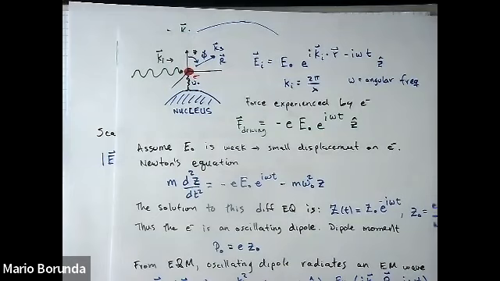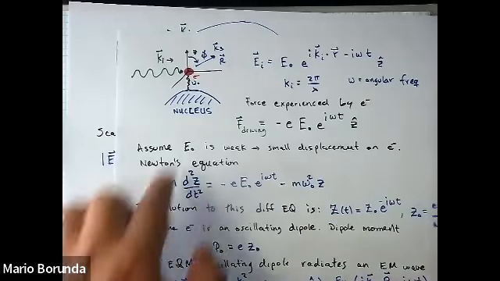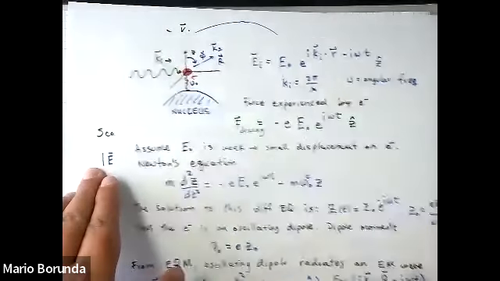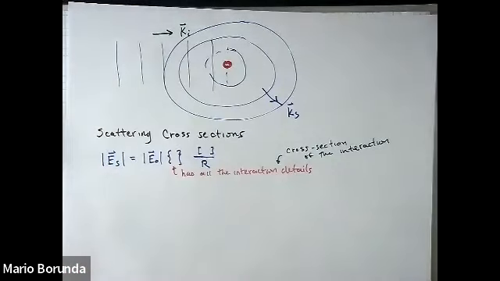But this is kind of like a classical version of it. But in reality, there's an interaction between the nuclei and the electron, and that's given to you by some omega naught. And that means that if you drive the system at omega naught, the same frequency of the spring, but in reality, it's not a spring, right? It's the interaction between the electron and nuclei. If you drive it with the right frequency, then something cool should happen, right?